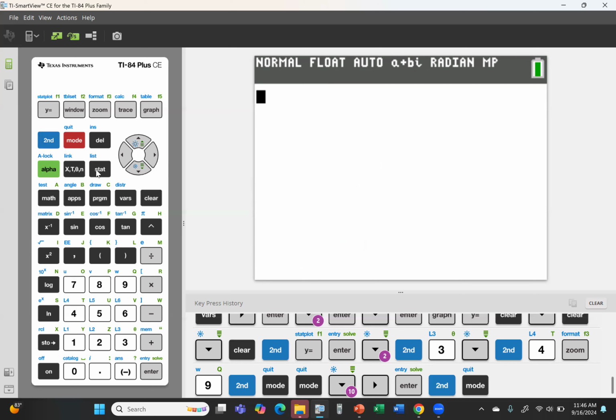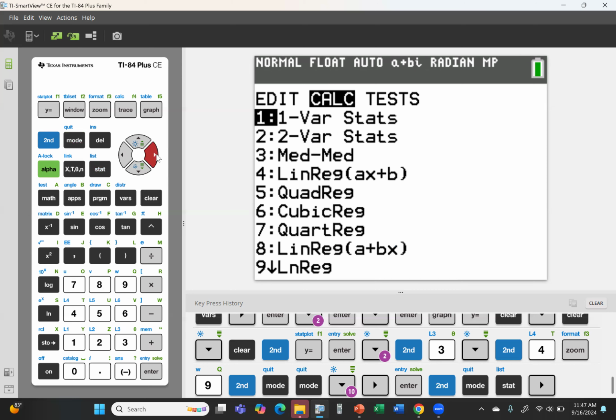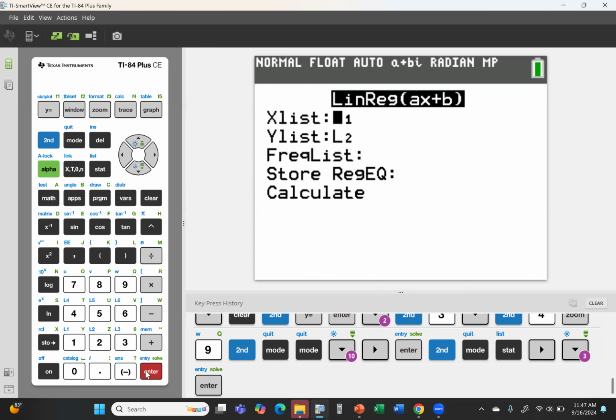All right, I'm going to get out of the mode, second quit. And now I'm going to go to my stat menu. And I'm going to go to the right, to the calculate menu, and I'm going to calculate number 4, the linear regression. For me, I put my data in L3 and L4, so I am going to change that.